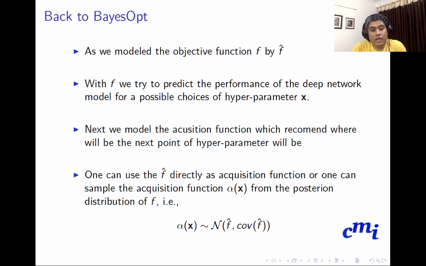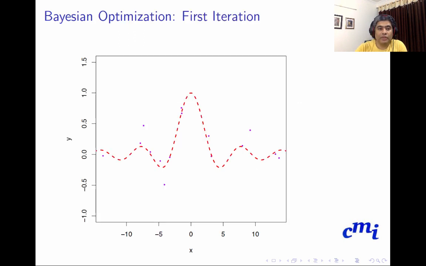What we can do is use f hat, the posterior mean from the GP regression, directly as an acquisition function, or one can sample an acquisition function alpha x from the posterior distribution of f, and then use that alpha x to find where the maximum is occurring. Corresponding there, you evaluate your function.